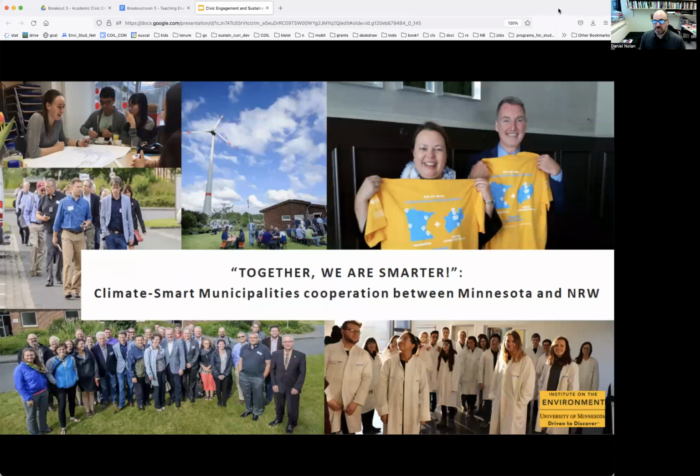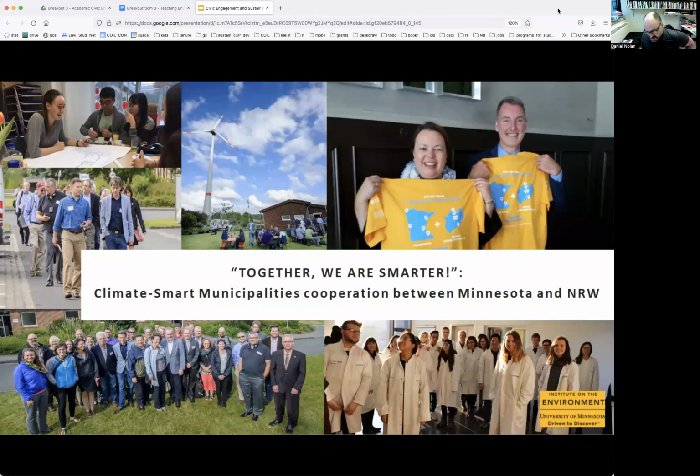She's the Umweltministerin for North Rhine-Westphalia, which is the state that Minnesota has partnered with in a climate smart municipalities exchange. And you see in this slide the dozens and dozens of participants that have taken part in this exchange. And again, also just by having Ministerin Heinen-Esser in this photo, you see that we have engagement across several sectors.